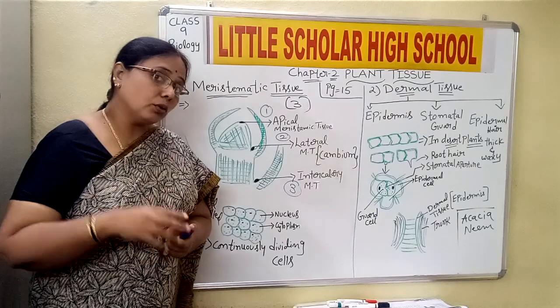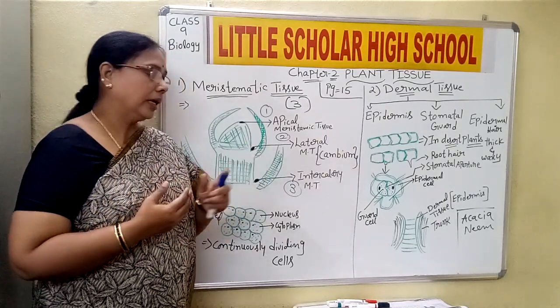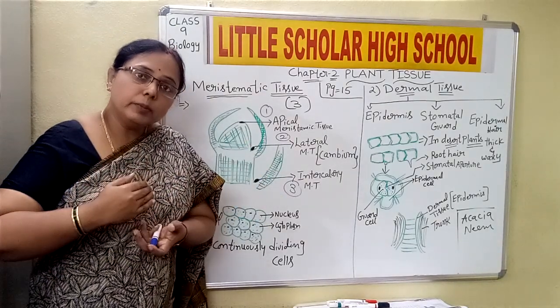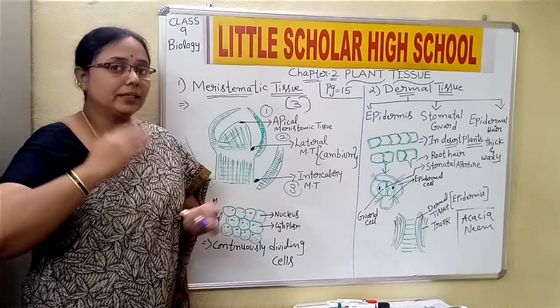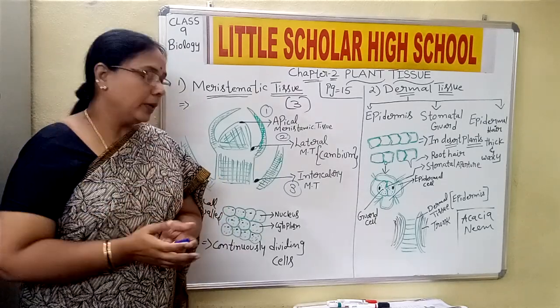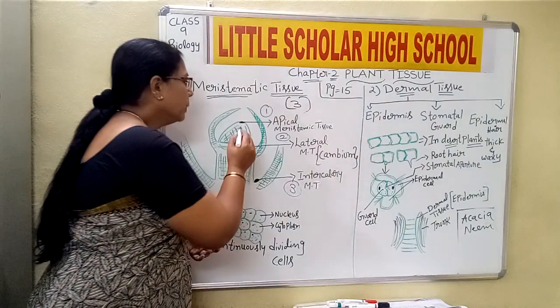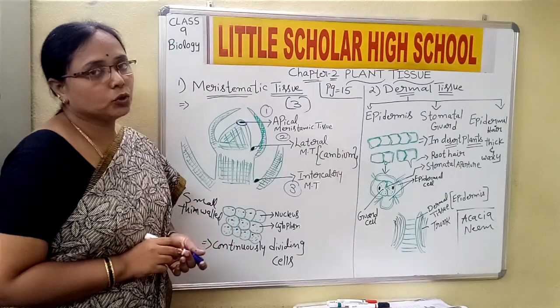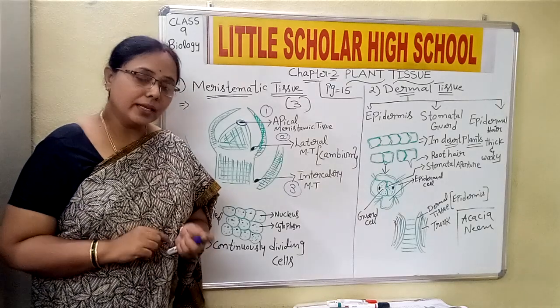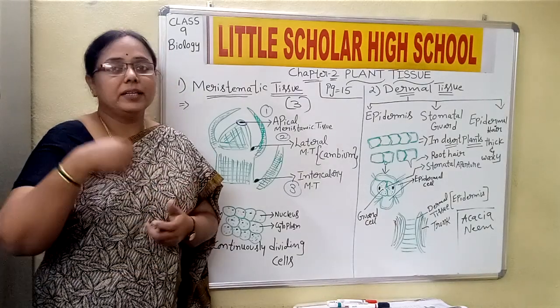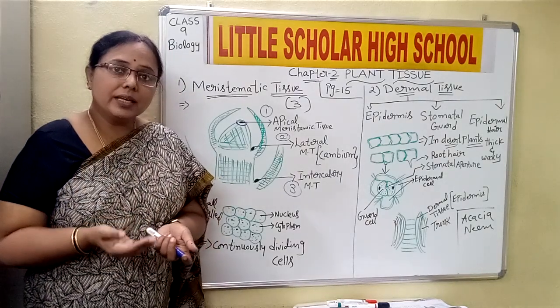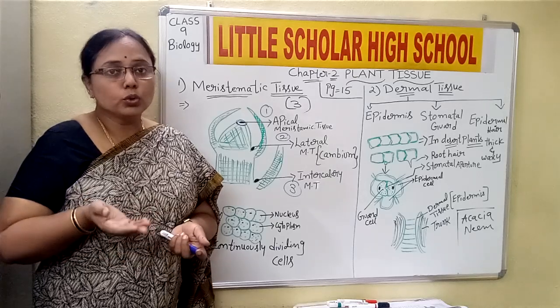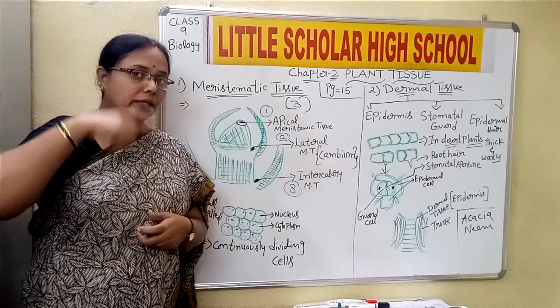What is the role of this apical meristematic tissue? Actually they help in the growth of the plant, that is the length of the plant. So they help the plant to grow lengthwise.